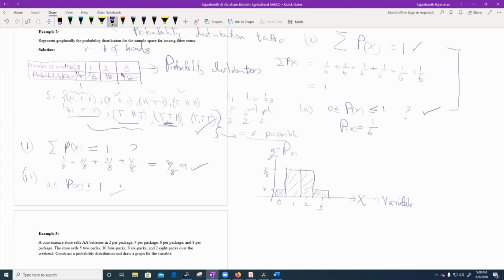So this is my probability distribution graph for the variable x. Okay, so first of all, you need to define your variable x. My x is the number of heads I'm looking for when I toss 3 coins simultaneously. Okay, so first of all, you need to find the probability distribution table.